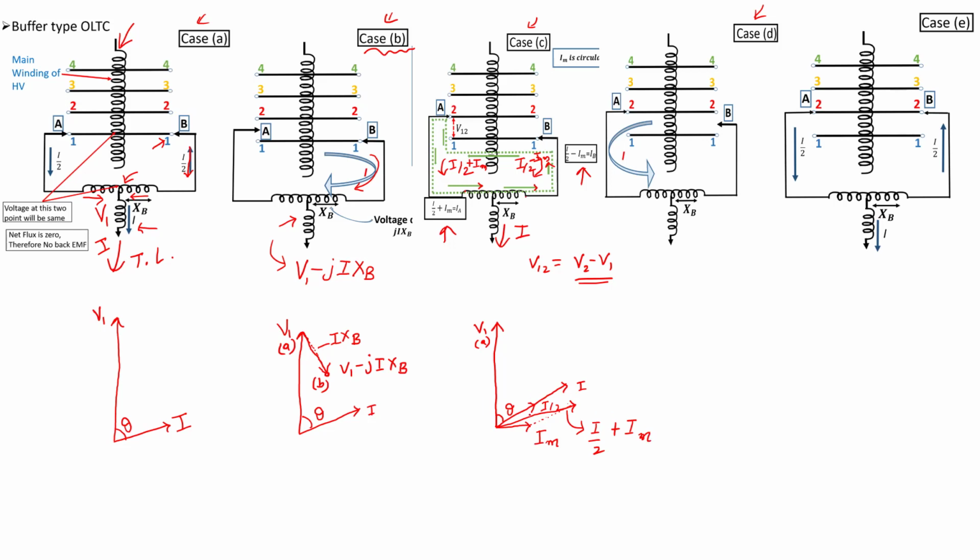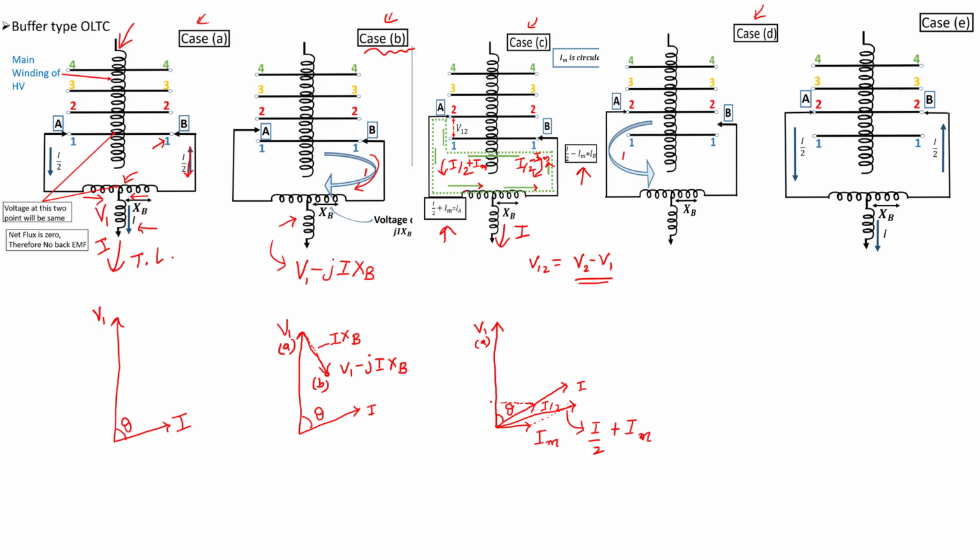And then for I by 2 minus IM, this is I by 2 again, and I by 2 minus IM is like this. This is minus IM.